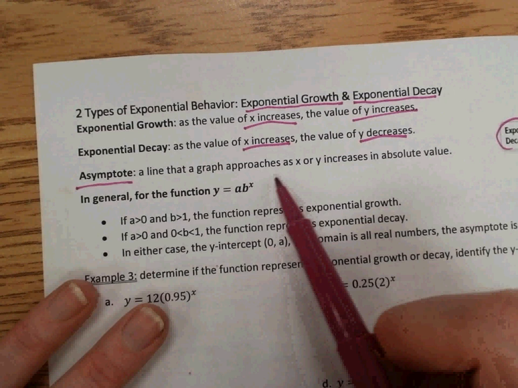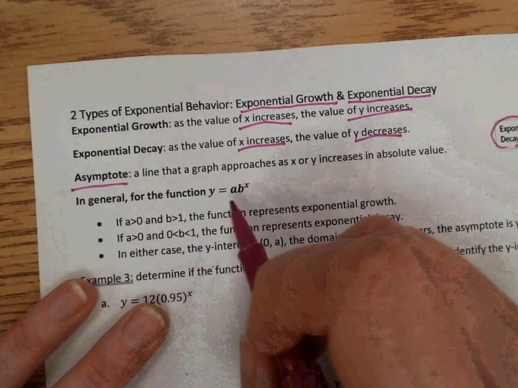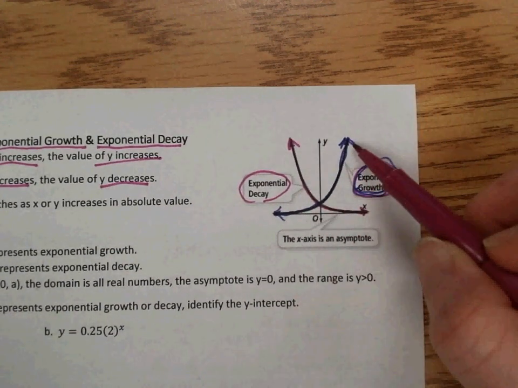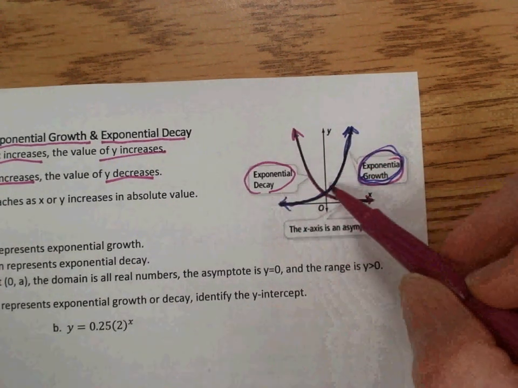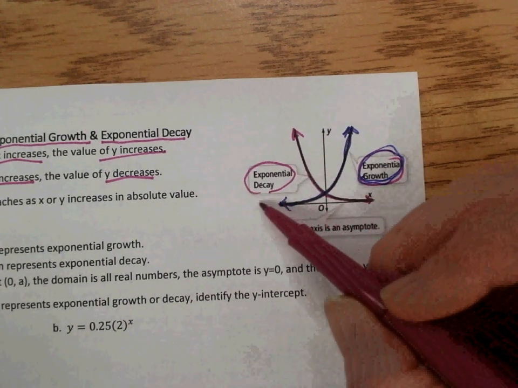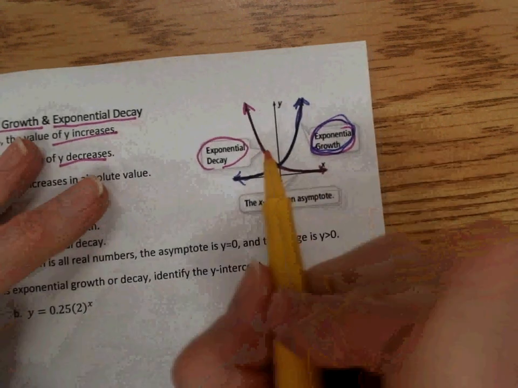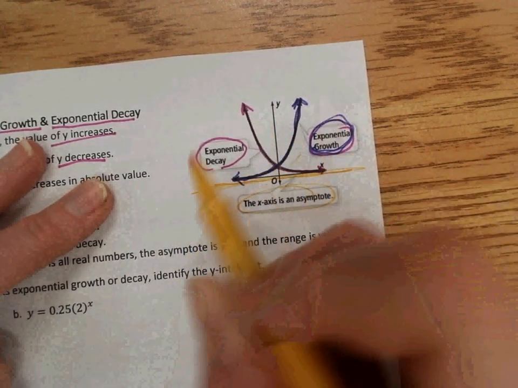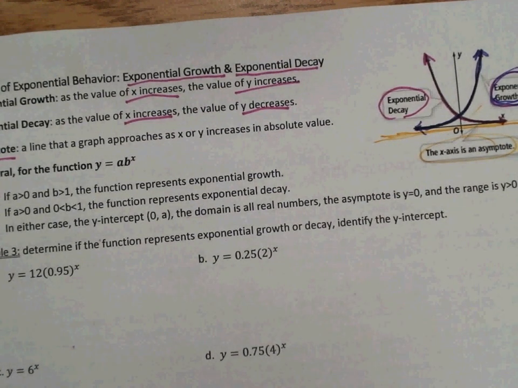A line that a graph approaches as x or y increases in absolute value. So as this function increases in absolute value, so you can see the absolute value of x right here. Although it's negative, the absolute value would be positive, and it increases. It gets closer and closer to the x-axis. So the asymptote here, you can see, is the x-axis, and each one of these functions gets closer and closer to that value.